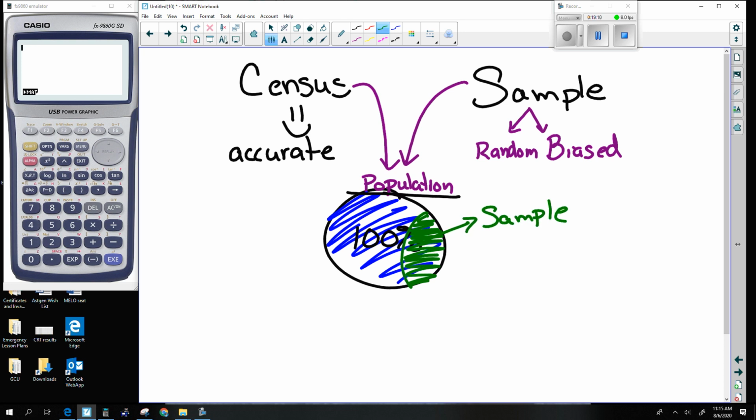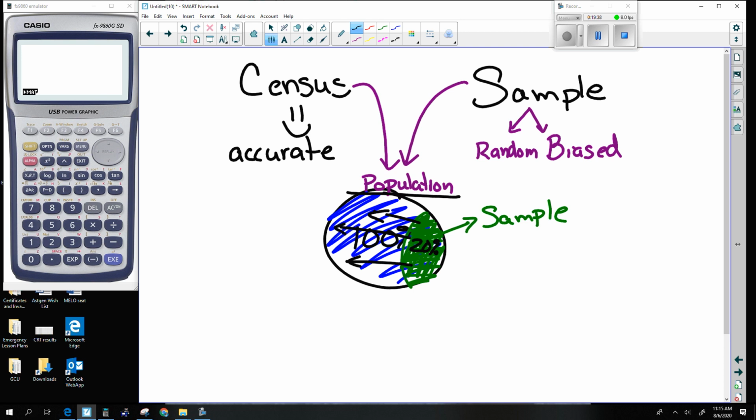You're asking some of the population, and the sample, let's say 20% or something like that. This 20% of the population represents the entire population. So the answers based upon that 20% will tell you about the population itself. So that is what a sample is.